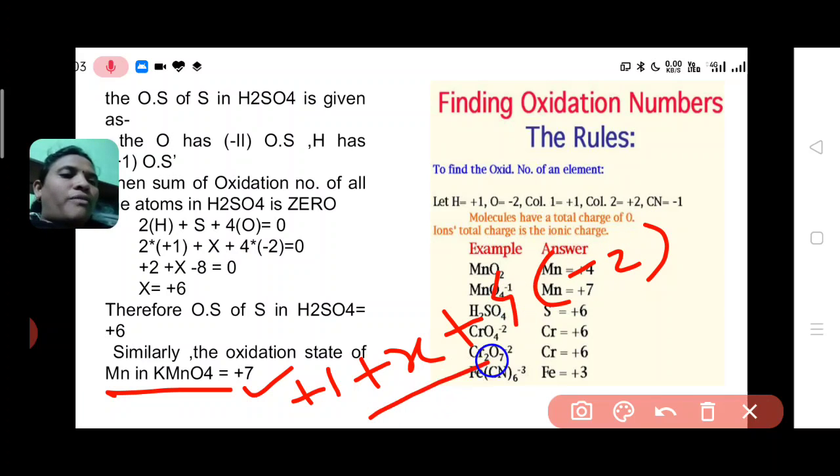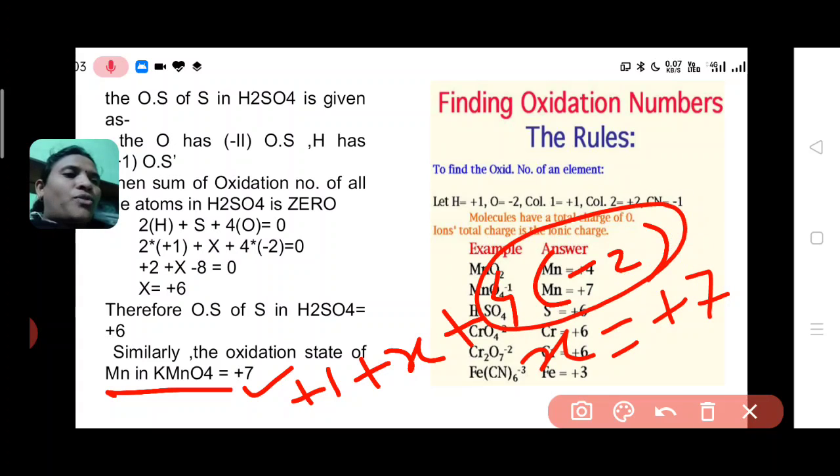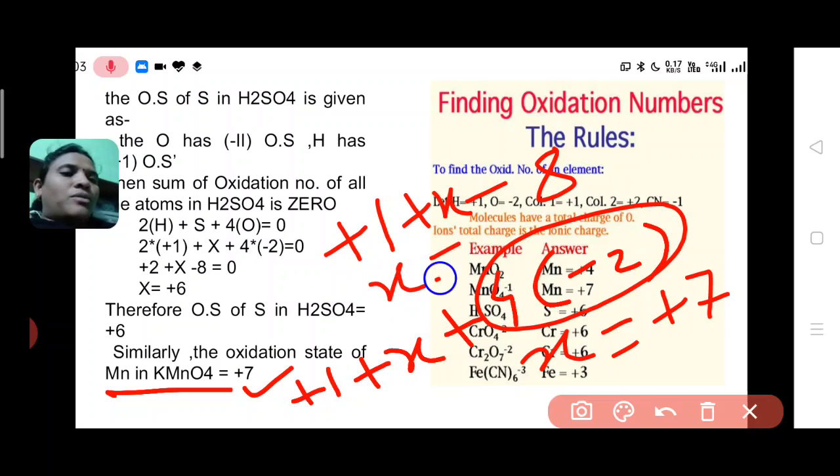By solving this equation, you will get the value of X is equal to plus 7. The multiplication of 4 into minus 2 will be minus 8, and plus 1. By taking out the value of X, you will get the answer plus 8 minus 1, so the answer will be plus 7.